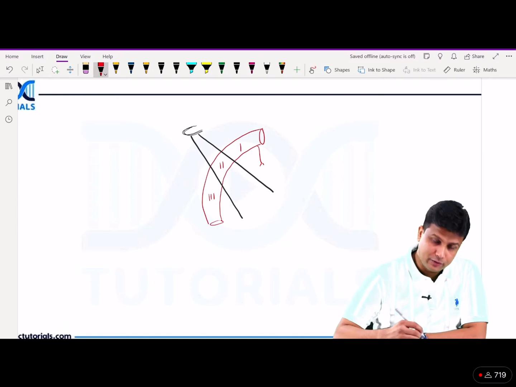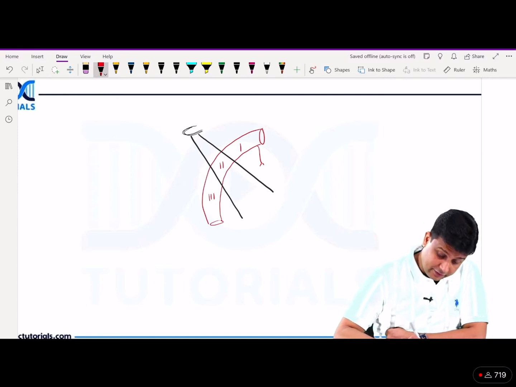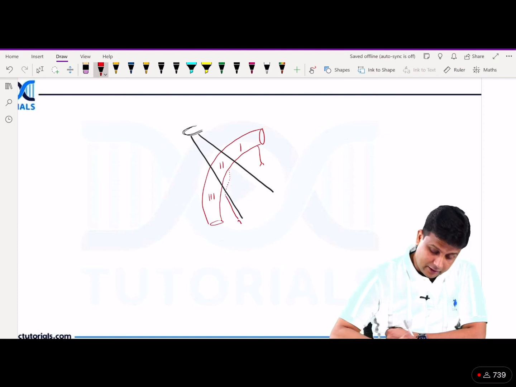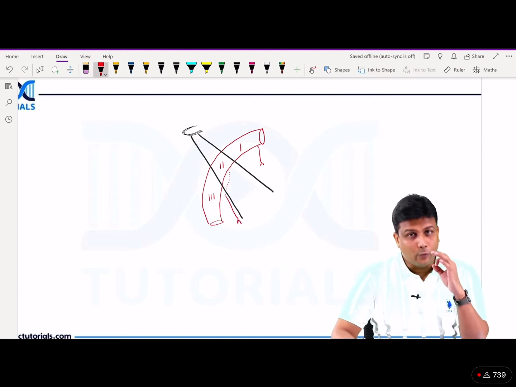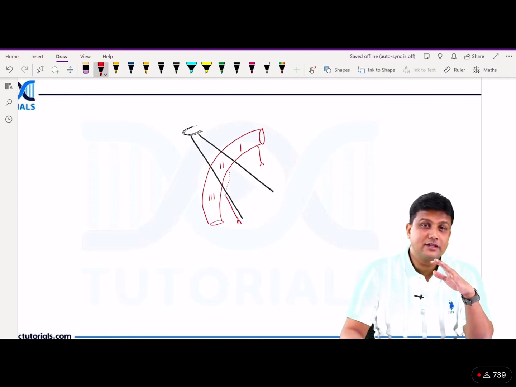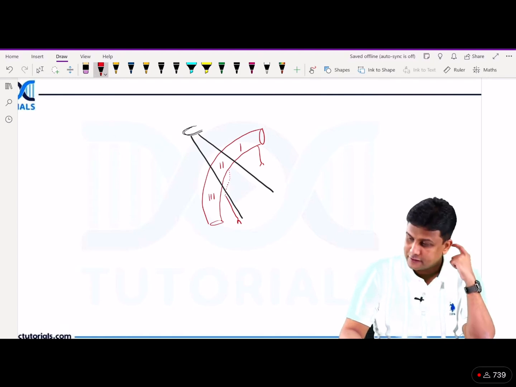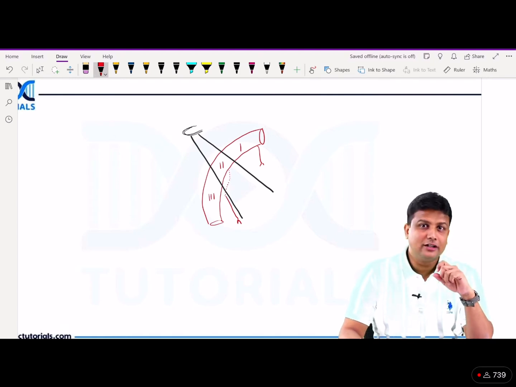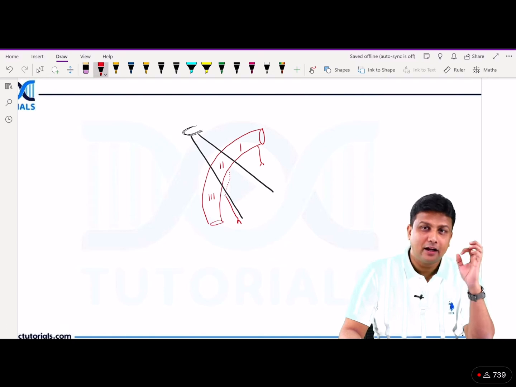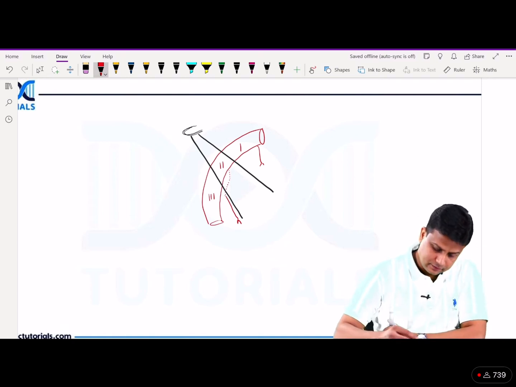Second part will give 2 branches. Please be very careful how to identify in the exam. I'm telling you for the image based question: if you are given an image based question in the exam, how will you identify? This branch is present towards the lateral border of pectoralis minor, and that is the lateral thoracic artery.